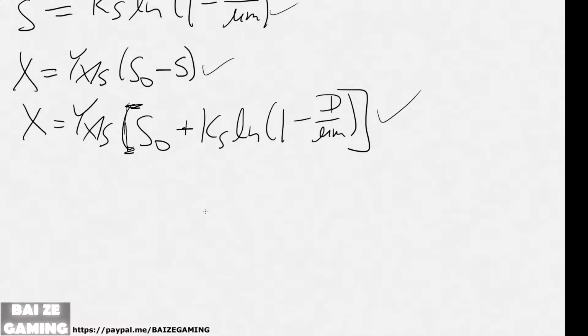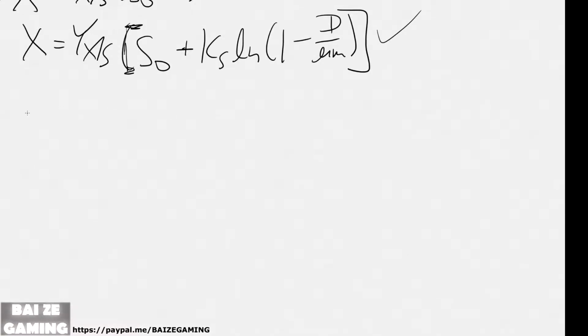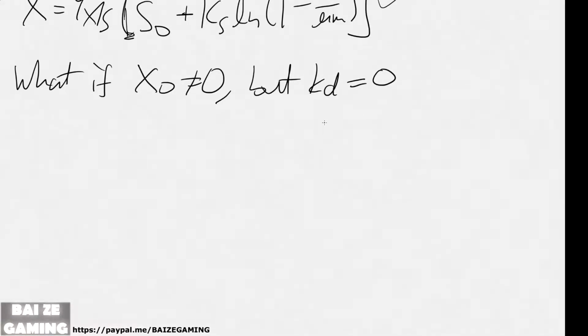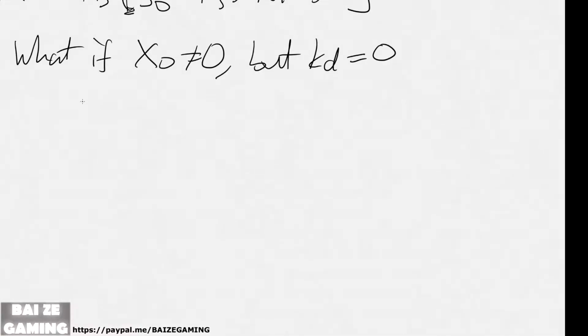Okay, so let's do something a little bit more challenging. What if x naught is not equal to 0, but KD is? We showed before that instead of mu net being D, it's actually going to be this.